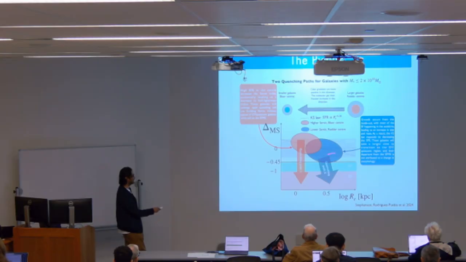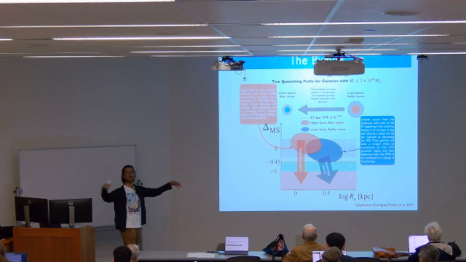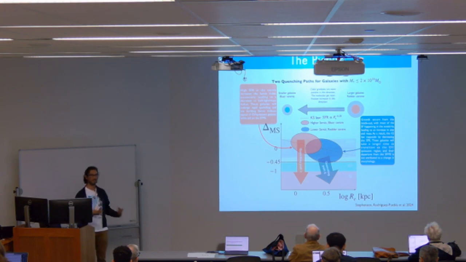Well, those galaxies will move more slowly to this quiescent region. These galaxies are increasing their size because they have negative color gradients, and most of the star formation is occurring in the outskirts. They are increasing their size. And we expect that you will find those galaxies migrating from here to there at higher masses, not at the masses that I was showing, because they are increasing their size and their mass.